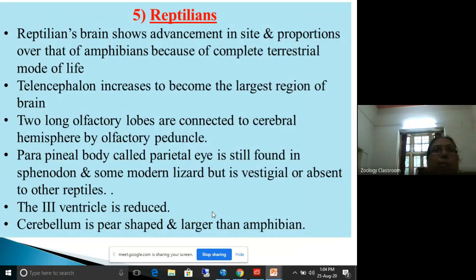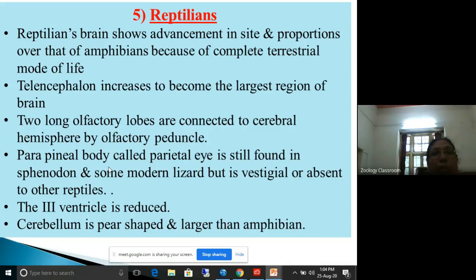The reptilian brain shows advancement over amphibians because these animals have a completely terrestrial mode of life. The telencephalon increases, meaning the cerebral hemispheres increase to become the largest region of the brain. The two olfactory lobes are connected to the cerebral hemisphere by the olfactory peduncle.